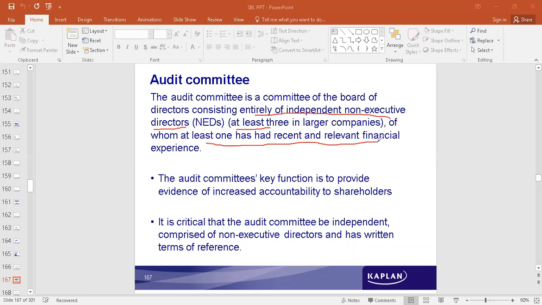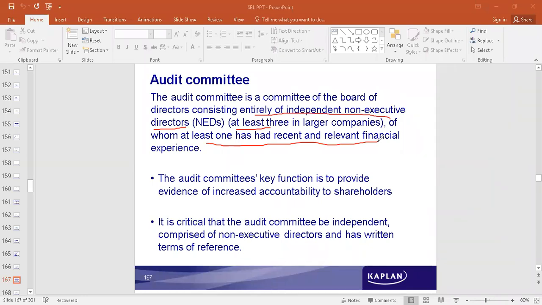So at least one person should be a financial expert, because when the audit work is taken up, they have to have that financial knowledge about it.